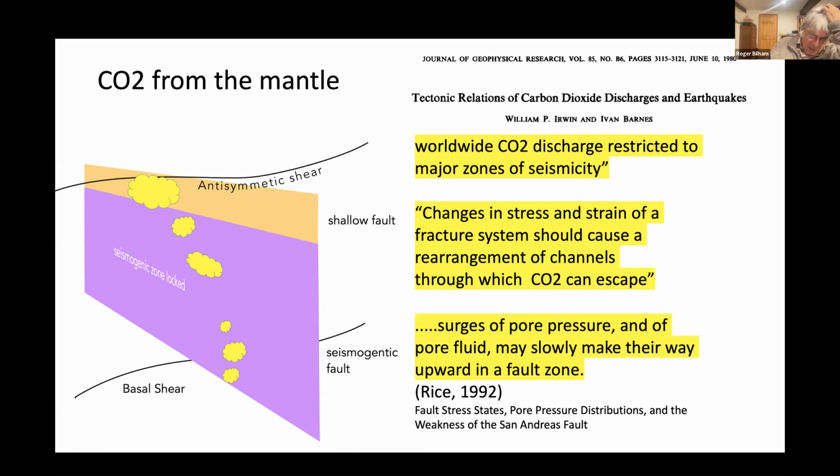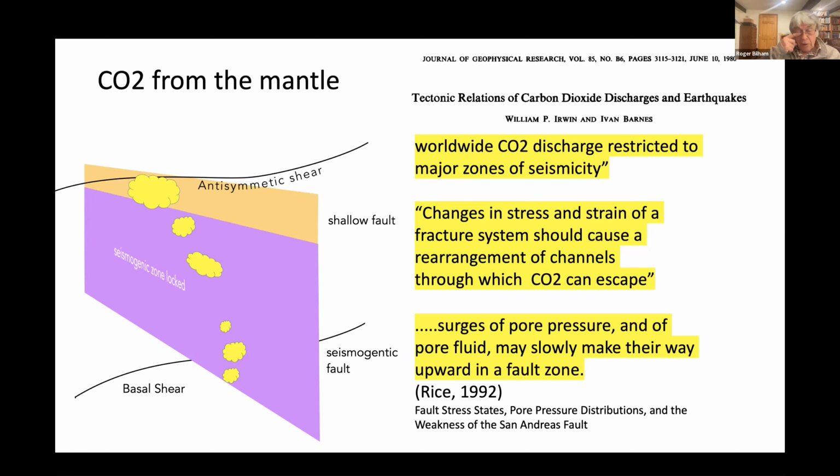They noticed that CO2 is concentrated globally near fault zones, and they pointed out that if in fact these fault zones are being stressed, then the permeability may well change with time, allowing gases to come up preferentially in great big gulps.